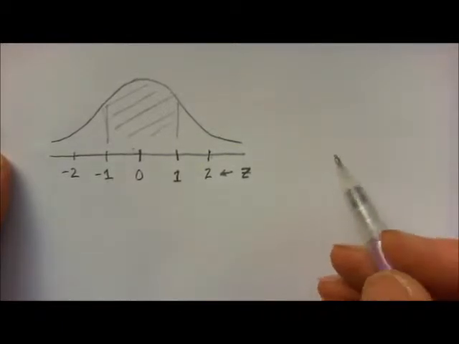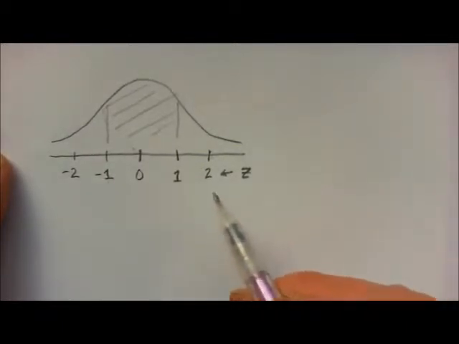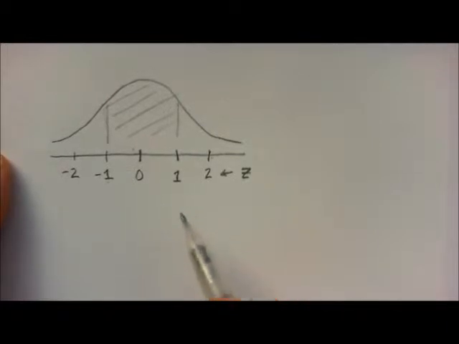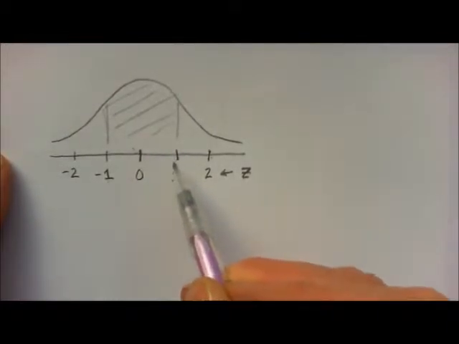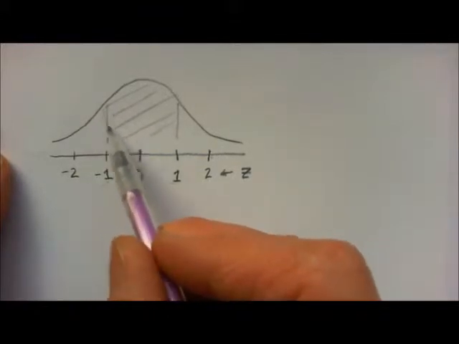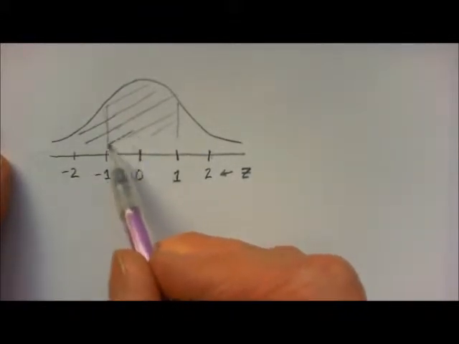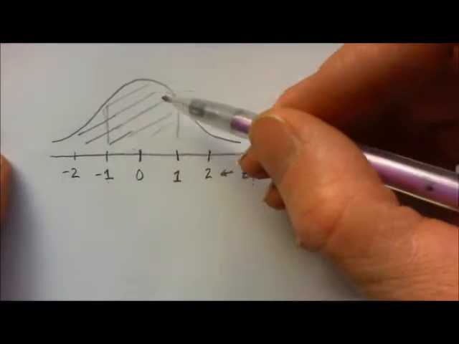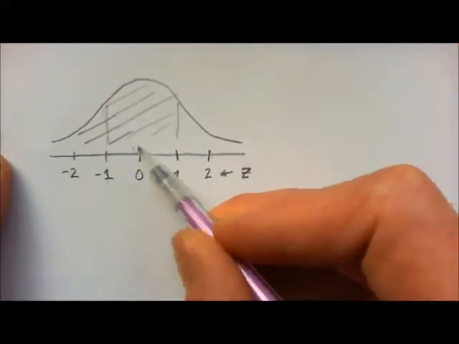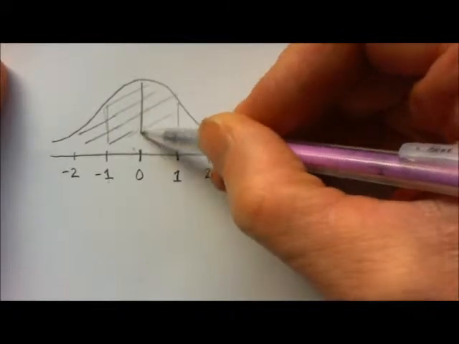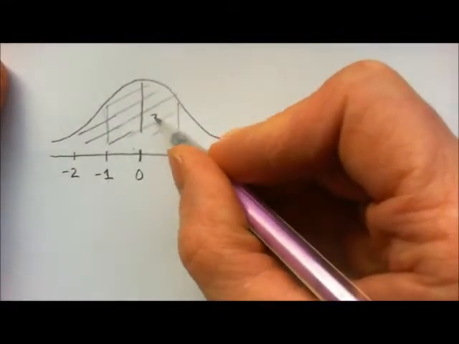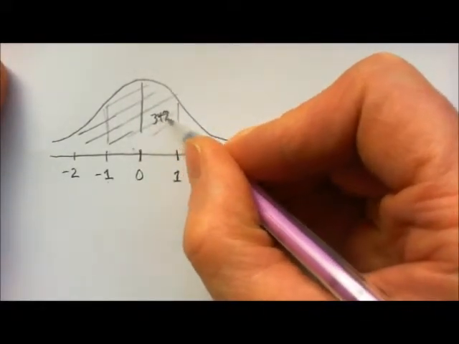Now, we saw how we could actually use this and calculate some other probabilities as well. So for instance, if we wanted the probability of a z-score below 1, so we want this part, but we also want to include what's over here, we might recognize that since there's 68% between -1 and 1, that means between 0 and 1 in here we have 34%, half of the 68.